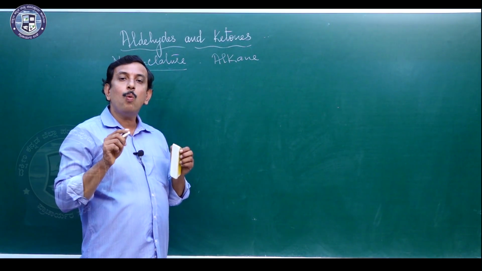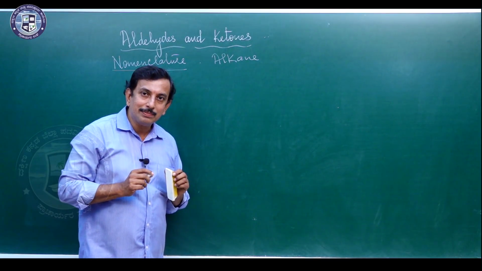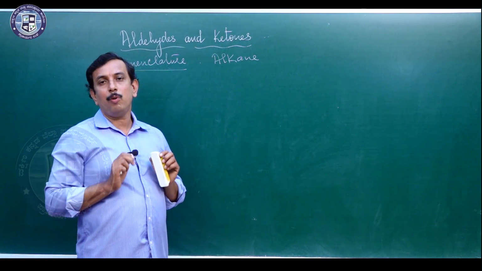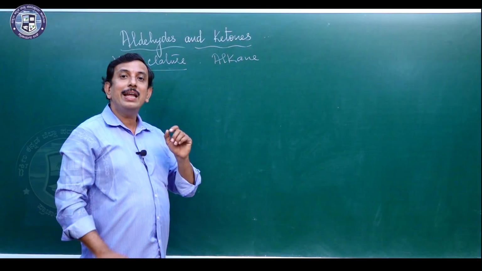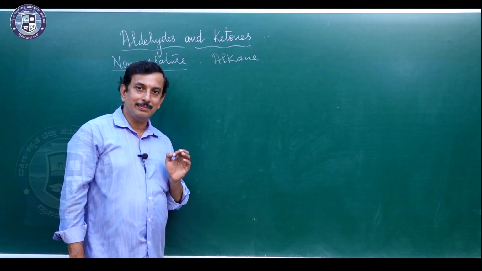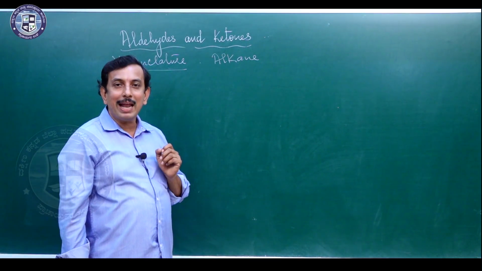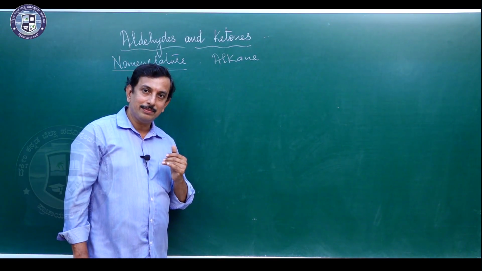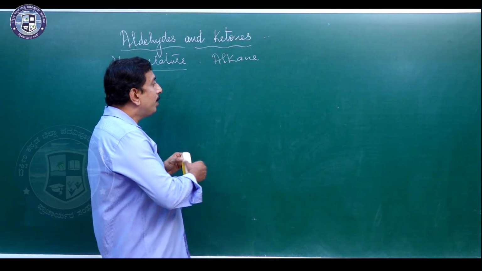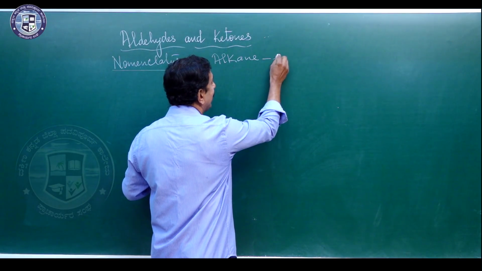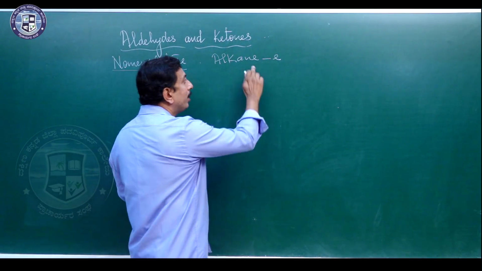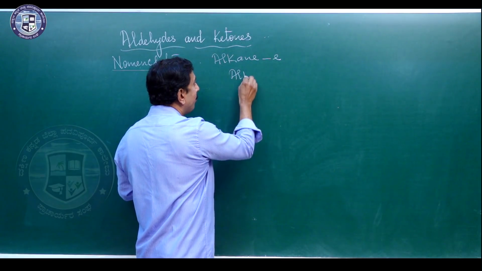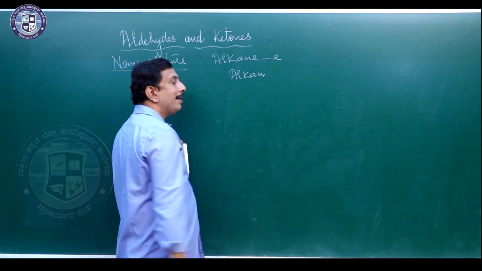If there is one carbon atom, then the corresponding alkane is methane. Like that, if there are two carbon atoms, then that alkane is ethane. What do we do after that? We remove the ending E, written as minus E, and then it becomes alkan.